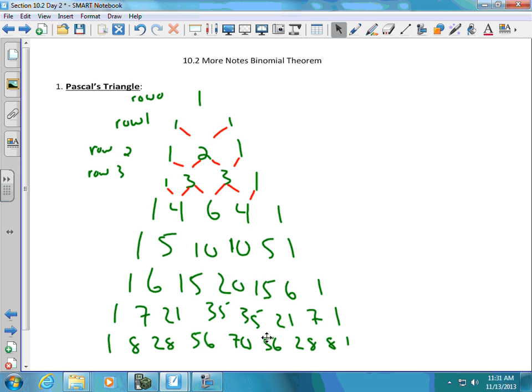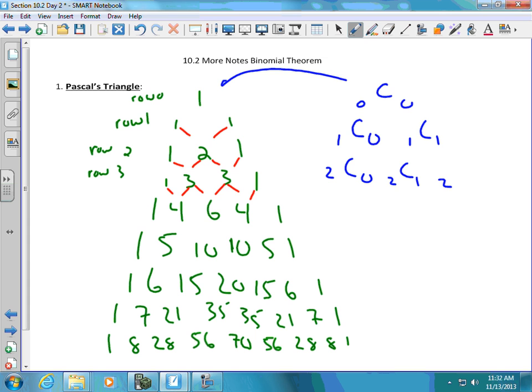Just so you know, if you put in your calculator 0 C 0, that corresponds to this 1 right here. And if we put 1 combination 0, 1 combination 1, it relates to row 1, and so on and so forth. So this is also represented with combinations, and that's why it's in this chapter.